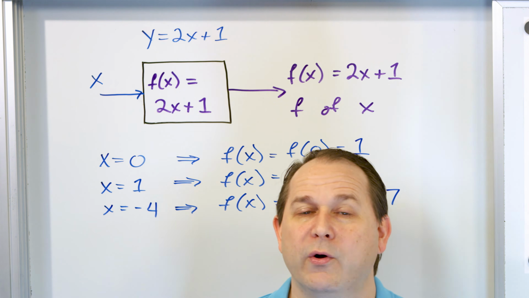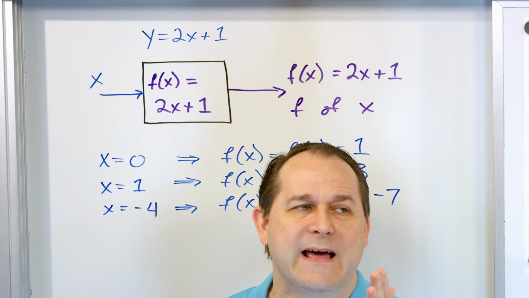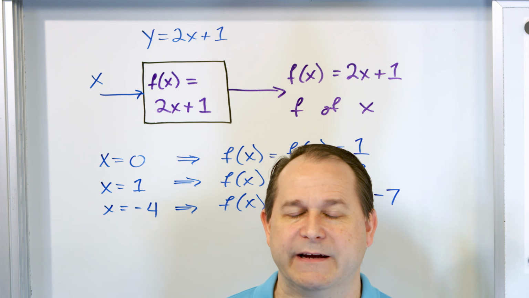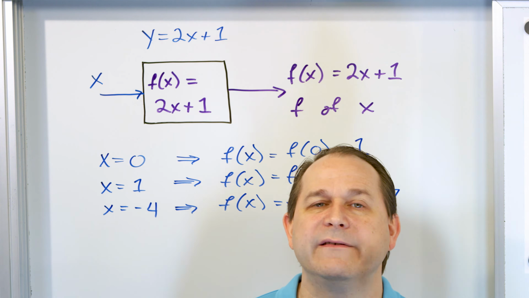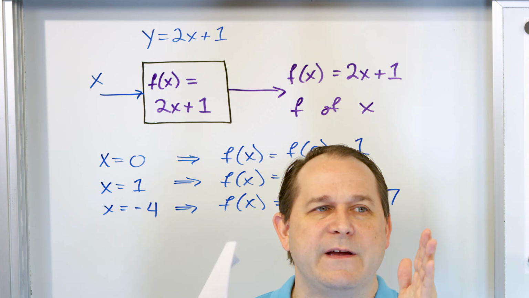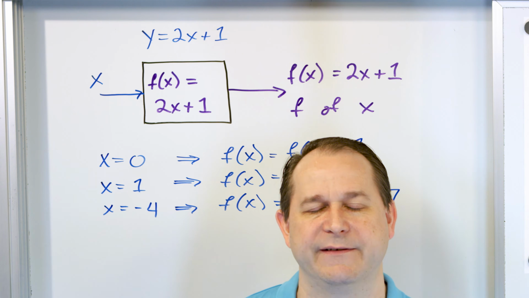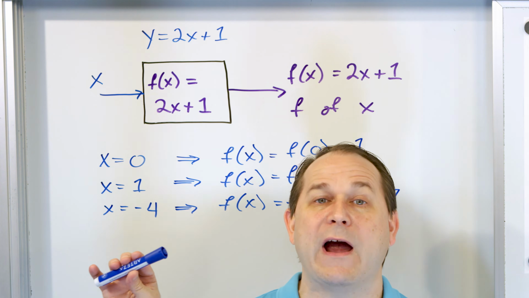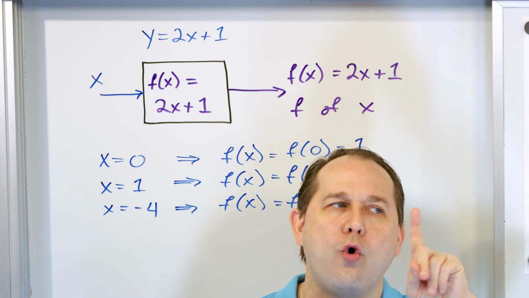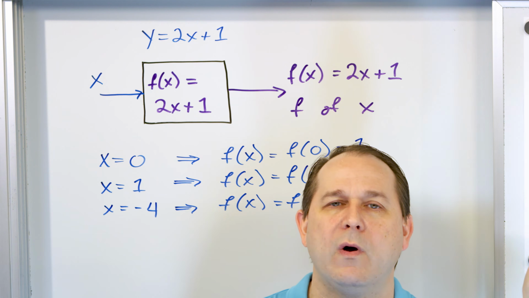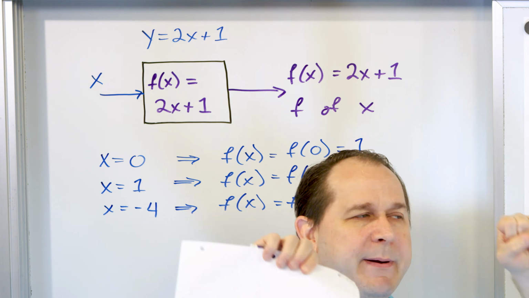But there's one important thing I need to bring to your attention that we're going to get to as we graph these things. For it to be called a function, there needs to be what we call a one-to-one relationship between the inputs and the outputs. All it means is that for every input you have, there's only one output, one and only one output. They form a unique pair.